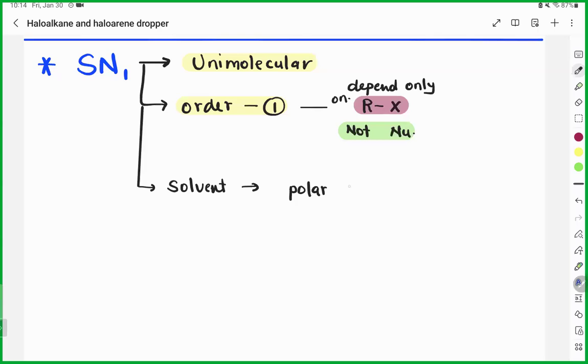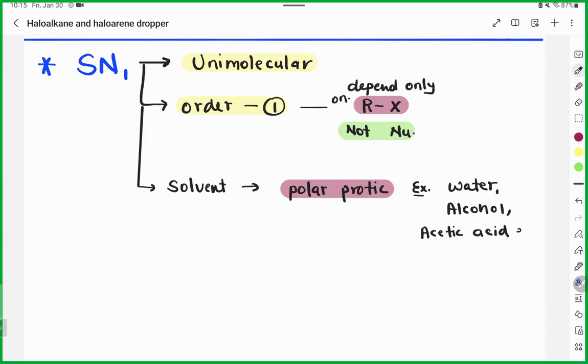But when you are saying protic, it means your solvent is responsible for the formation of ion. That is a very important difference, the nature of the solvent also. Example, here water can form the ion easily as positive or as negative. Alcohol can act like this. Acetic acid can act like this, etc.